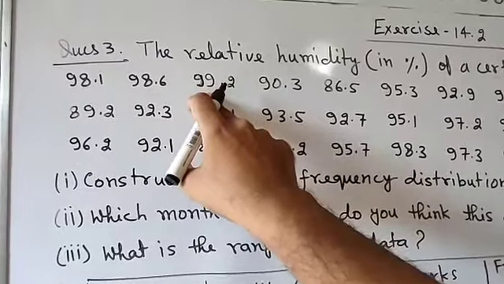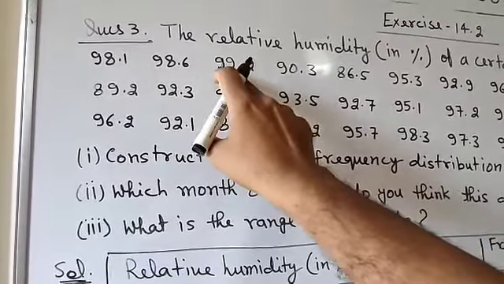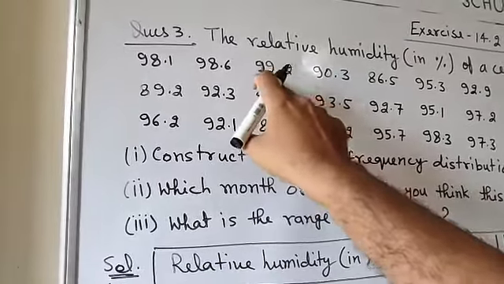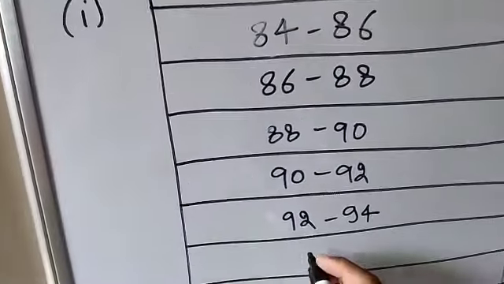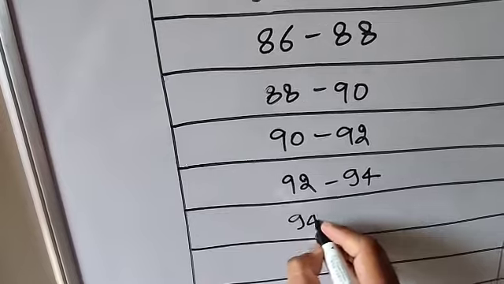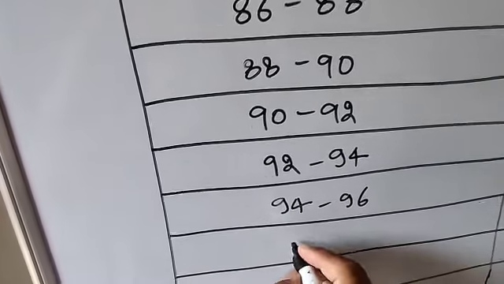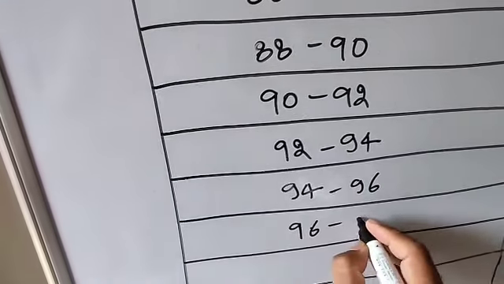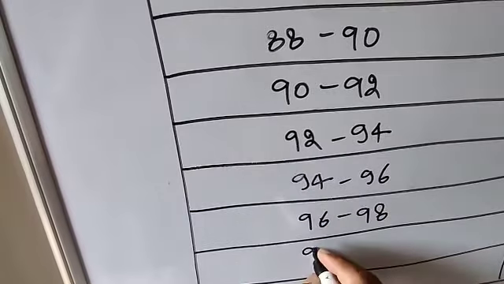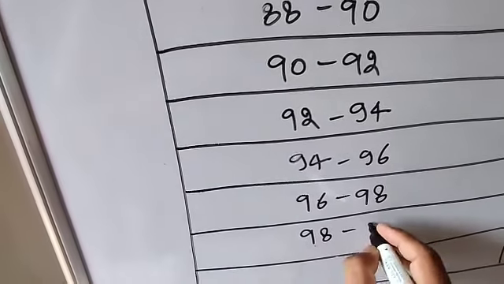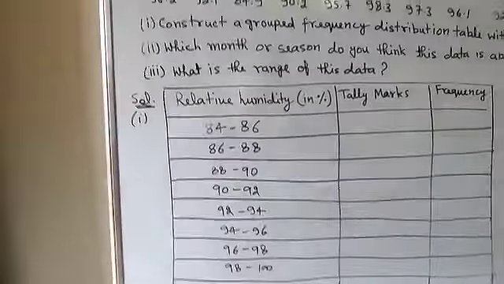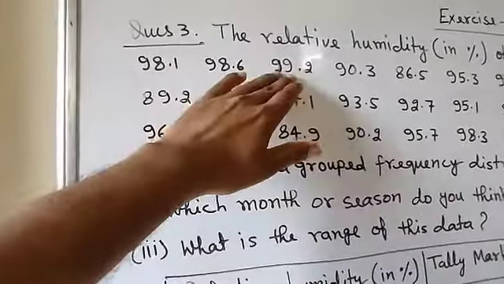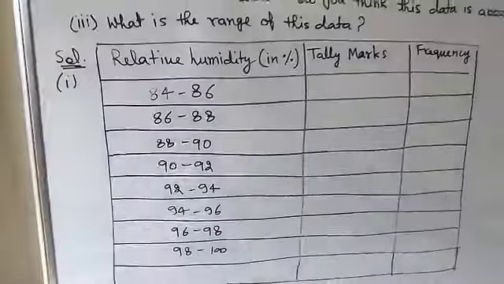It means you need to represent up to 100. So next will be 94 to 96, then 96 to 98, then 98 to 100. All the values will be represented up to here; there is no value greater than 100.